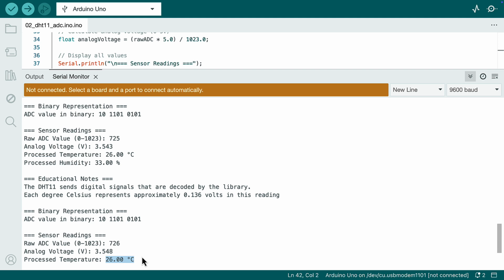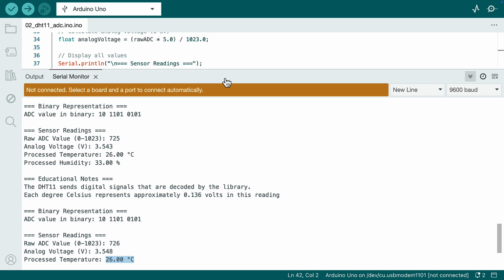This is how it works. And this concept of sensing is basically the same with others. Tomorrow we will see some other sensors, or after tomorrow. And what differs is the physical phenomena and how it is detected. But at the end, any physical phenomena is going to be converted into an analog value, and then we convert it into a digital value, and from here we can manipulate it.